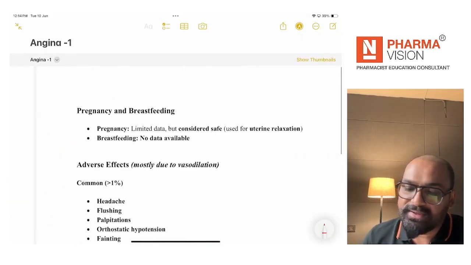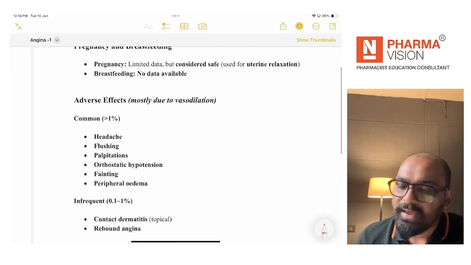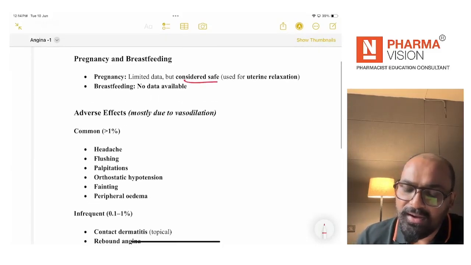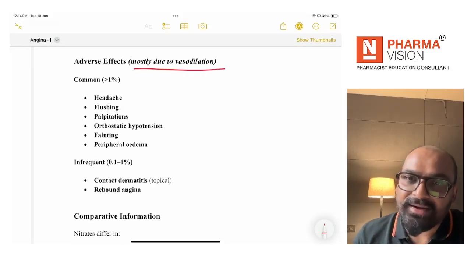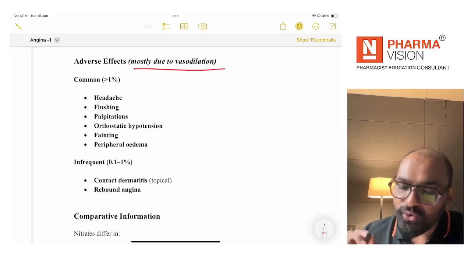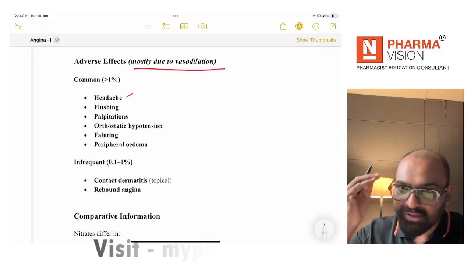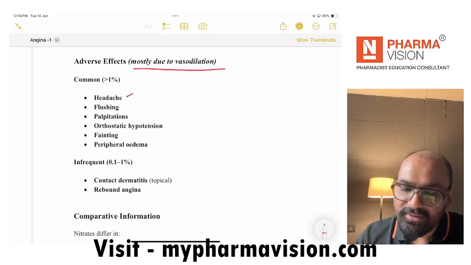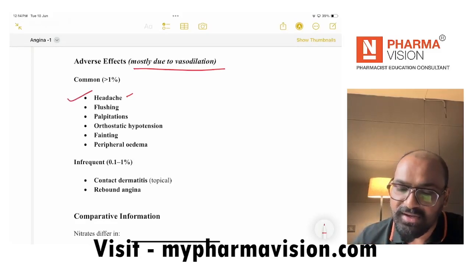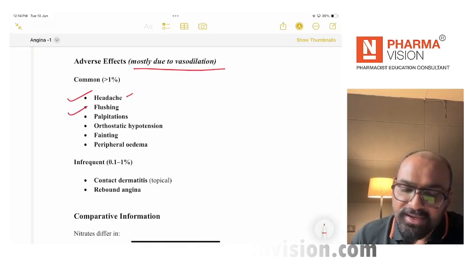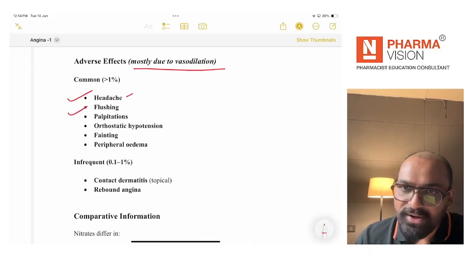The next point is that nitrates are considered safe during pregnancy and breastfeeding. There shouldn't be any problem. Nitrates can cause vasodilation, and due to that, blood pressure changes, and headache is the most common side effect associated with nitrates. Flushing, why? Because of the vasodilation.